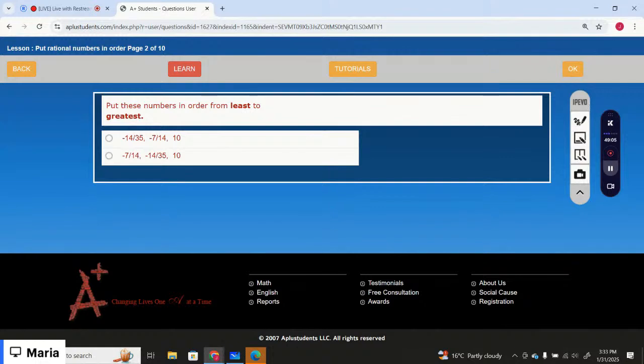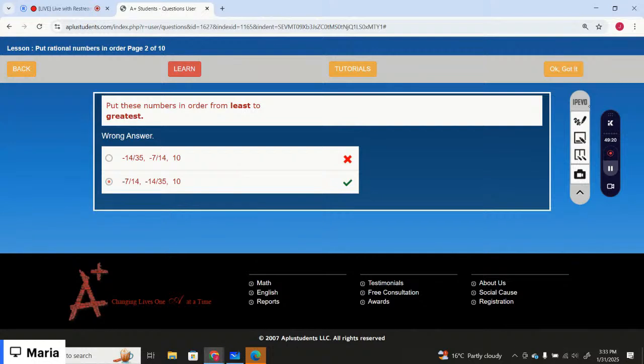Put these numbers in order from least to greatest. Option number one is the correct option. Oh, two is the correct option.